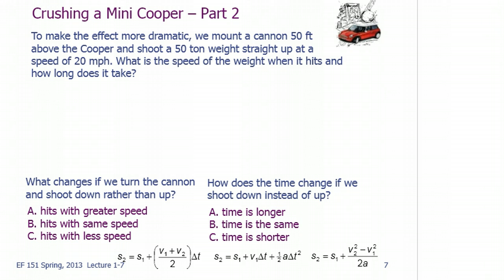The weight does not matter, whether it's 10 tons or 50 tons or 5 pounds. In reality it does, because it does affect how much air resistance, but since we're ignoring air resistance, we will see that the weight does not matter. That's another important thing to keep in mind.